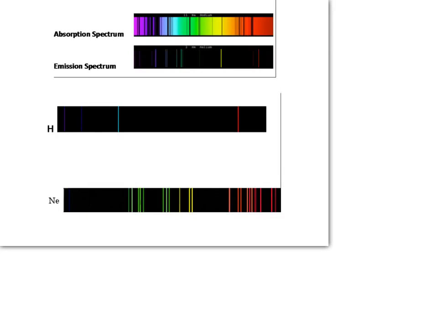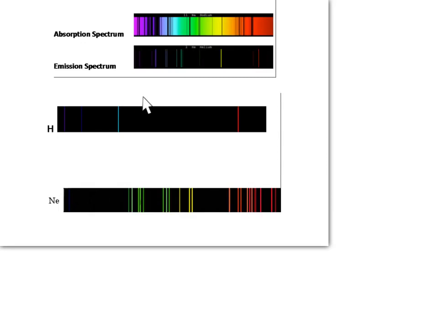So the purpose of these emission spectra is to basically identify different elements. Let's say I'm an archaeologist and I find a substance that's unknown. I don't know what it is, so I take it to the lab and analyze it.